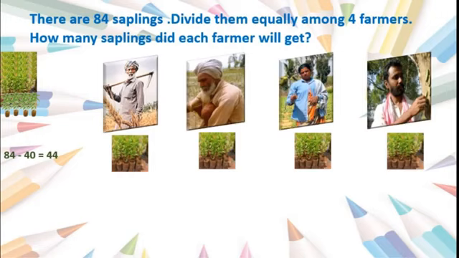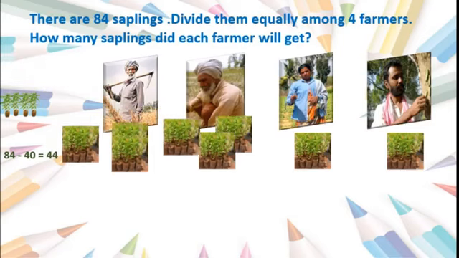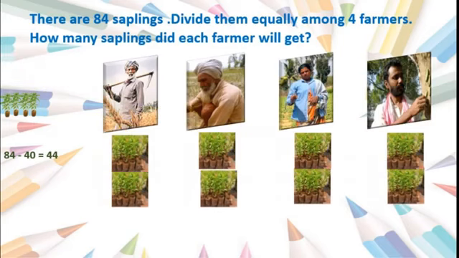Correct? Then again he said, again 10 we will divide among us. Rest all said okay. Then again they took 10 saplings from the stock. Then he said 44 minus 40 I will do. How many remained? 4 remained.